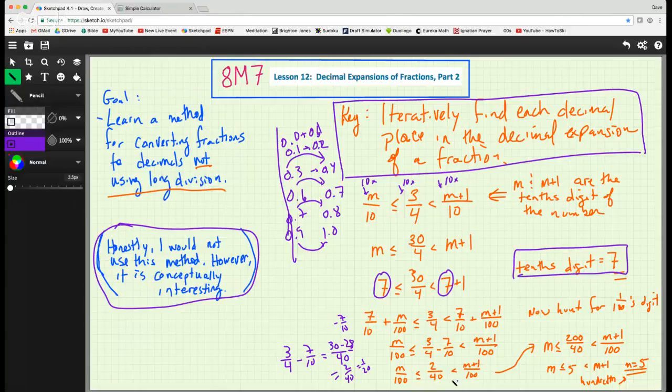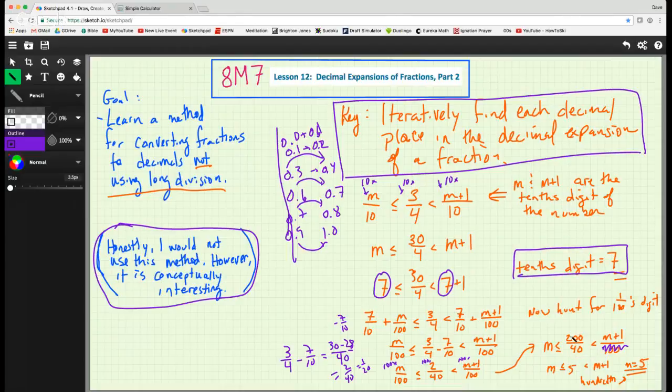Now we've got to simplify this and see if we can figure out what this m is. So let's multiply all three pieces by 100. We get m, because 100 times m over 100 is m. 2 over 40 times 100 is 200 over 40, and m plus 1 over 100 times 100 is m plus 1. So what number goes in here?